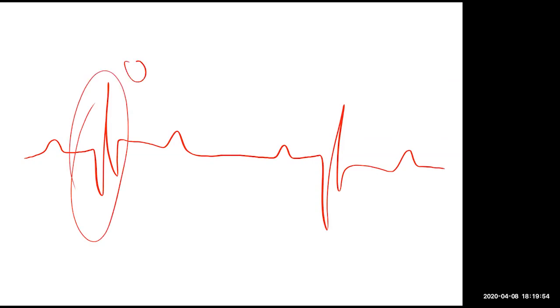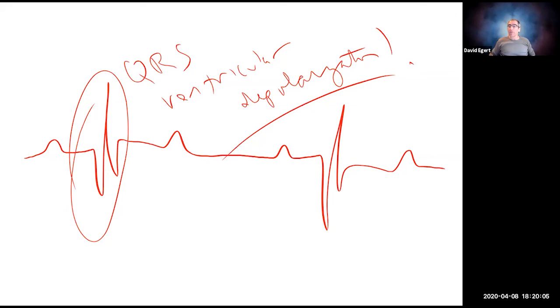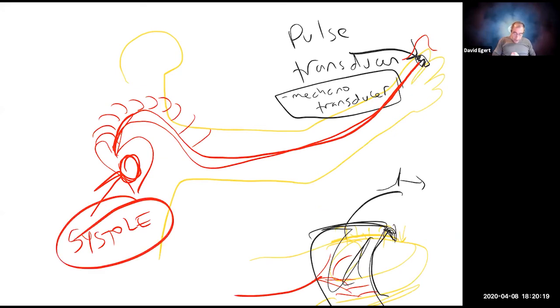Exactly. The QRS, ventricular depolarization. That is going to be when the ventricles are contracting and squeezing. So that means we actually have a measure of systole. All we have to do is see when the QRS complex is occurring on our subject.